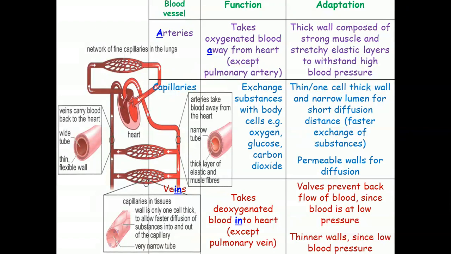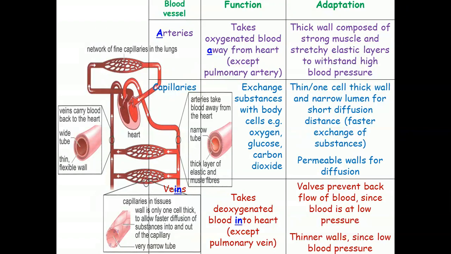To prevent backflow of blood, the veins have valves in them. Also, because there's not a lot of high blood pressure, their walls don't need to be very thick. So they have thinner walls in comparison to the arteries.